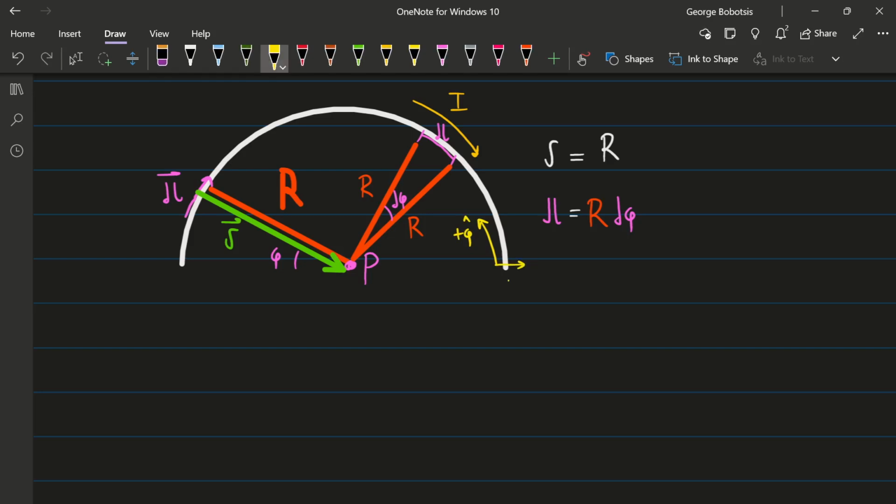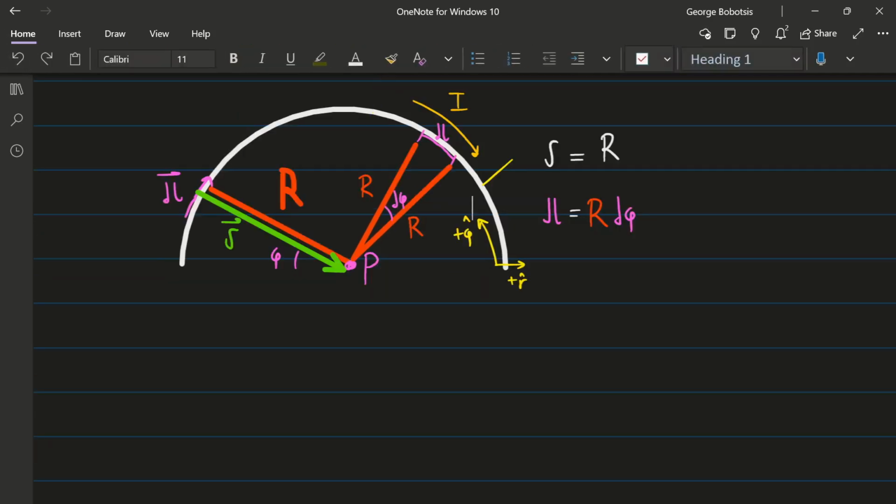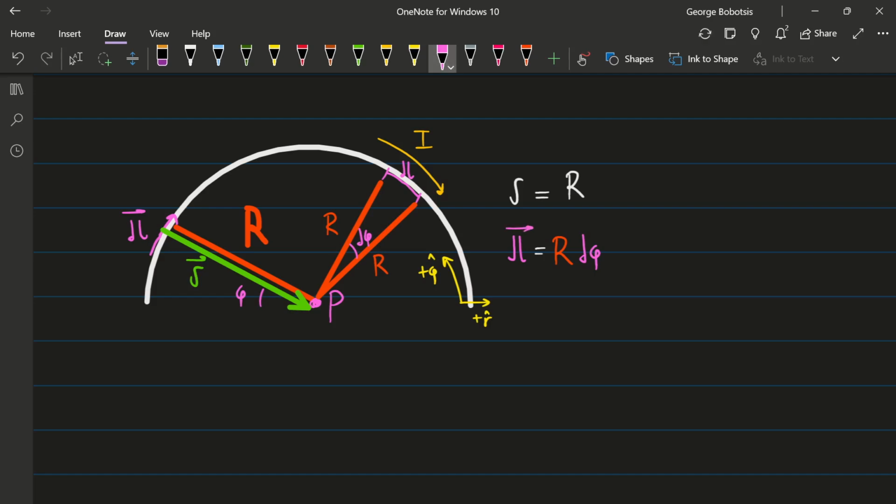That would be the plus r. You can imagine that these rotate as you go around the circle. They look different, but I just showed them there for a second. Meaning that if dL is going in the clockwise direction, it's going against this, and as a vector over here, we would put negative phi hat.